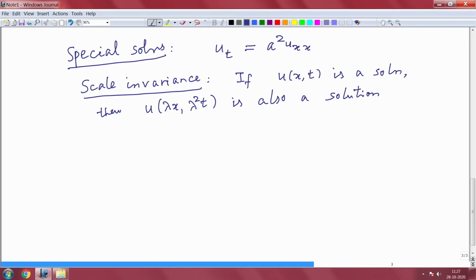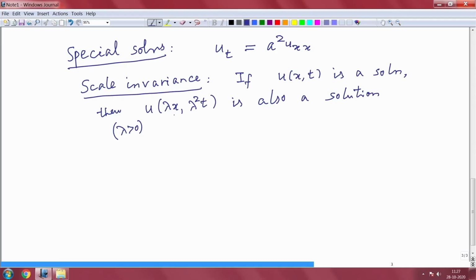So, if we scale the variable x to λx, where λ is any positive number, and t to λ²t, you see that.